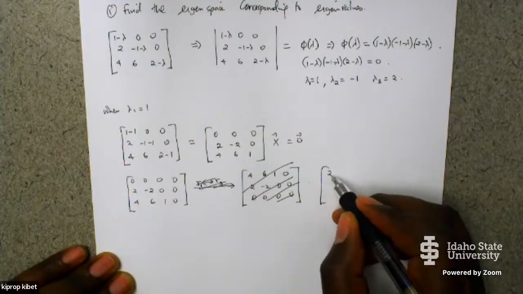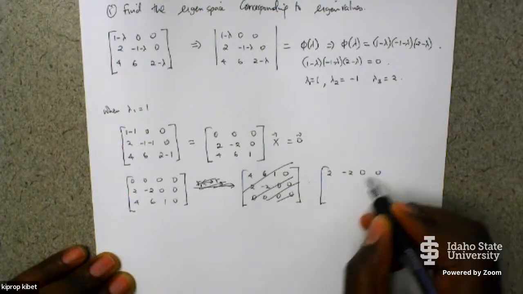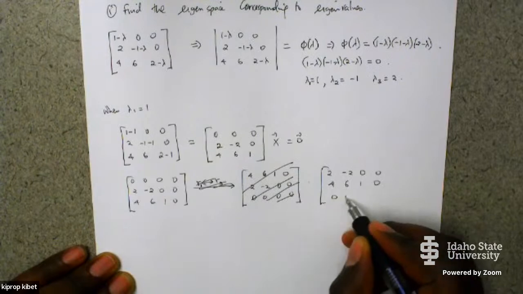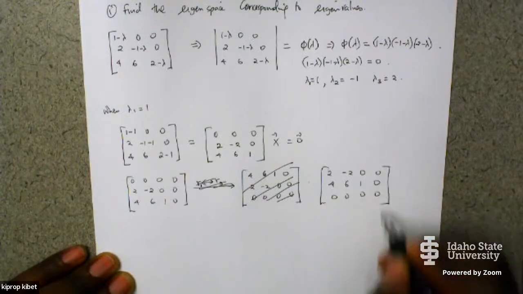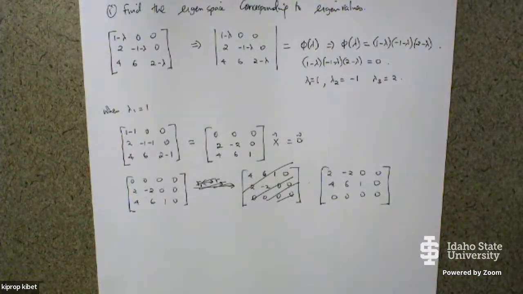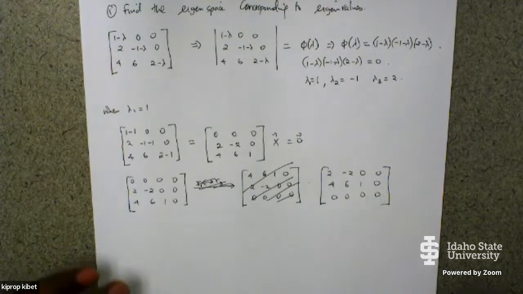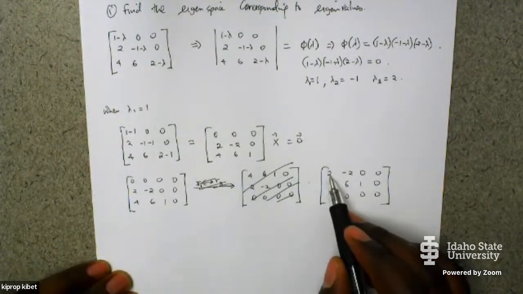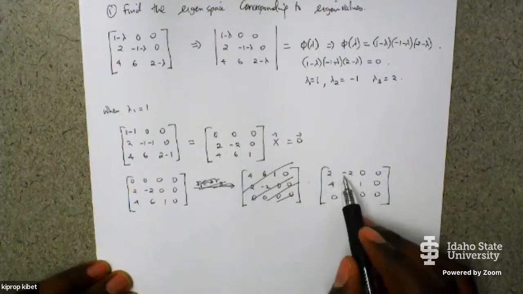Then we get 2, minus 2, 0, 0; 4, 6, 1, 0; and 0, 0, 0, 0. Now you reduce completely. You divide the first row by 2.